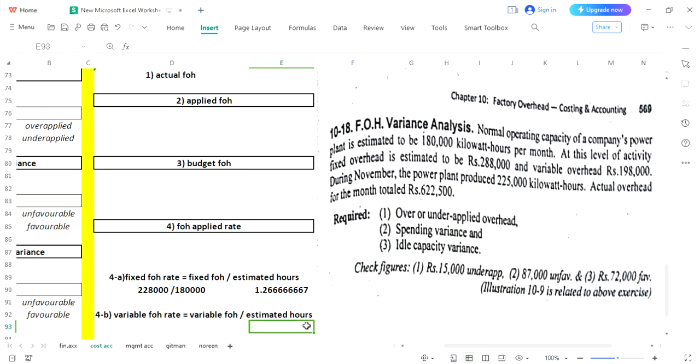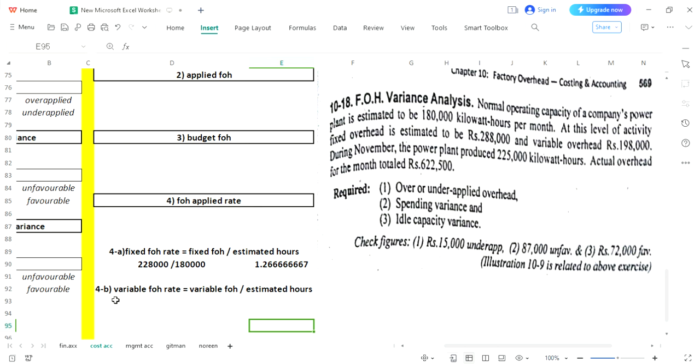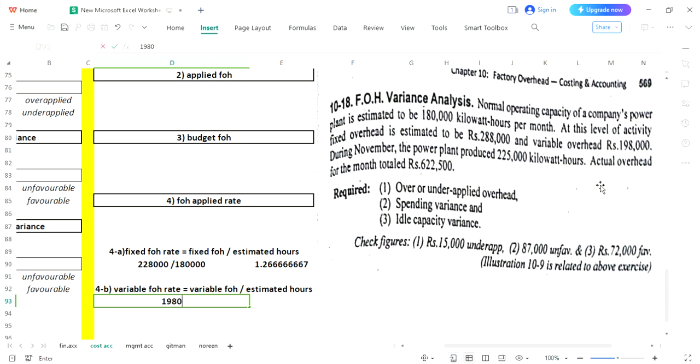Now we will go to the second rate, which is the variable FOH rate, and we need variable FOH, and it would be divided by estimated hours. You can see over here, please focus, variable FOH or variable overhead is the same thing. Variable FOH is 198,000. So you are going to put 198,000 over here, divided by estimated hours. The same estimated hours will be used for variable as well.